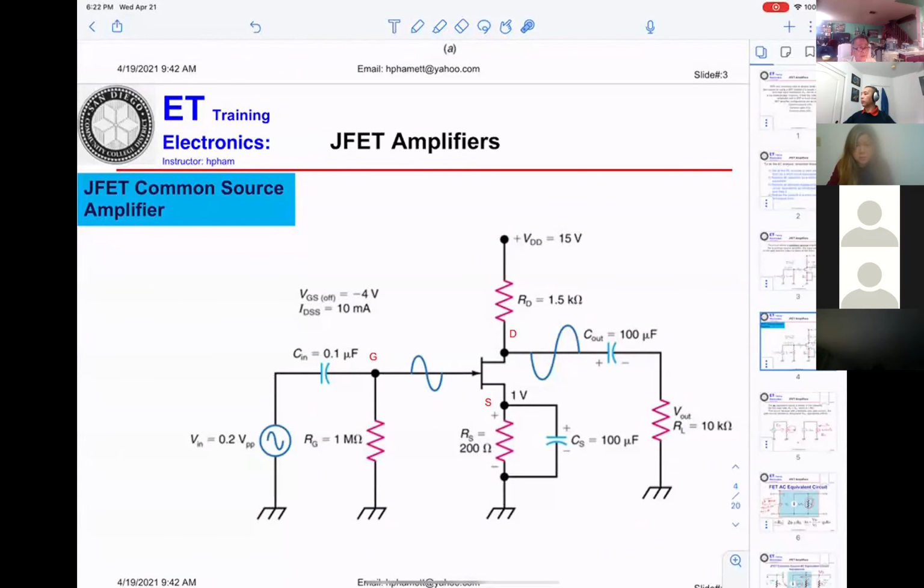That's blocked by this capacitor. And also this capacitor, the same thing, AC coupling or DC blocking. On this side is the load, like the speaker. This is like your voice, and the voice goes into the speaker, you don't want any DC.